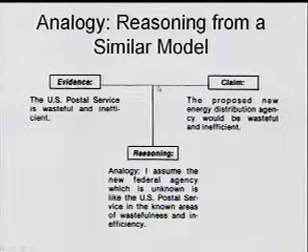So here's the model for analogy. The claim is that the proposed new energy distribution agency would be wasteful and inefficient. The evidence is that the U.S. Postal Service is wasteful and inefficient. The reasoning is, from analogy, I assume the new federal agency, which is unknown, is like the U.S. Postal Service in the known areas of wastefulness and inefficiency.